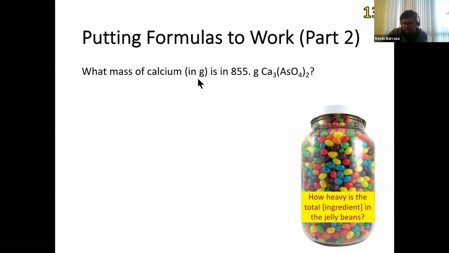Oh, and this isn't part 2, this is part 3. Okay. So that means that we're going to have to do a couple conversions that we haven't done previously. We have the grams of compound, and we know now how to turn it into moles of compound.